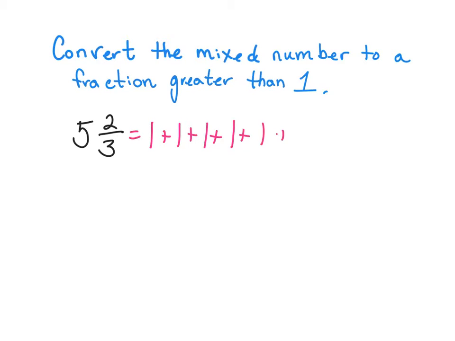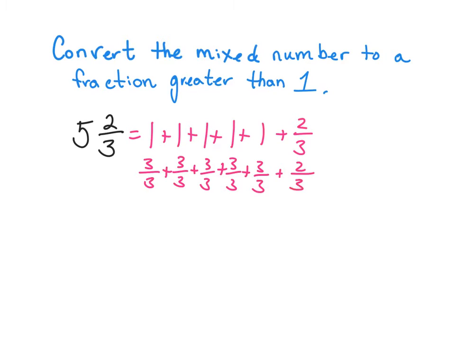And we're adding on that additional fraction. All right? So what do those ones represent? Well, they represent thirds because that's what the denominator is. So each one of these becomes 3/3. 3/3 plus 3/3 plus 3/3. We're breaking that down, and adding on the additional fraction.